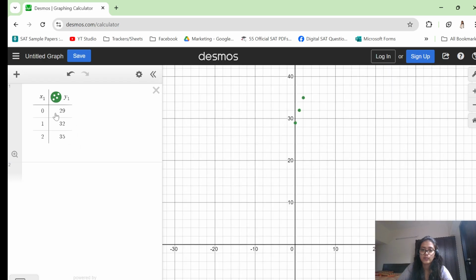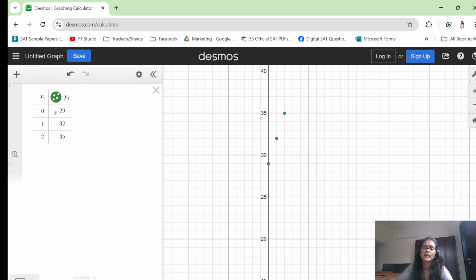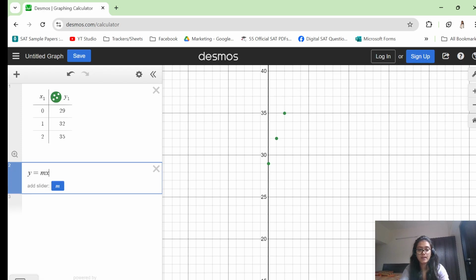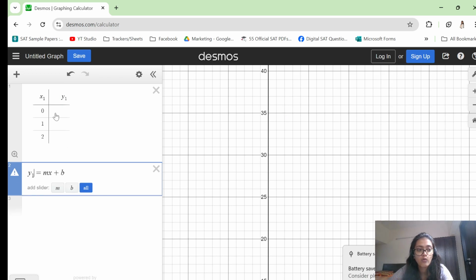Now you should see some points. Yes, these are the 3 points, and they do look like they lie on a straight line. And now to find out the equation of the line, you can simply write y is equal to mx plus b, but it will not give you the equation yet. What you need to do is change y to y1 and x to x1. So instead of y we write y1, and instead of x we write x1.